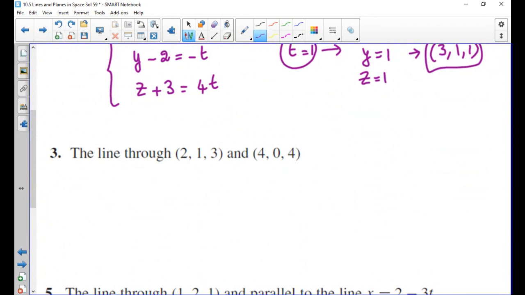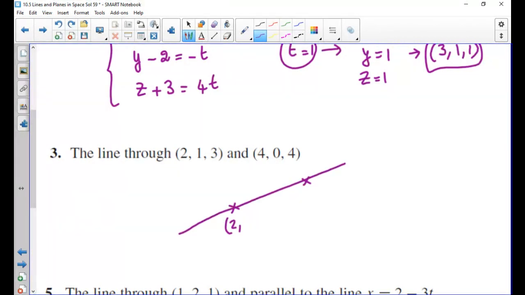So remember, in general, to write the equation of a line in space, you need 2 things. I repeat, you need 2 things. What are they? A point and a vector in the direction of that line. So in this question 3, we have a line through 2 points.